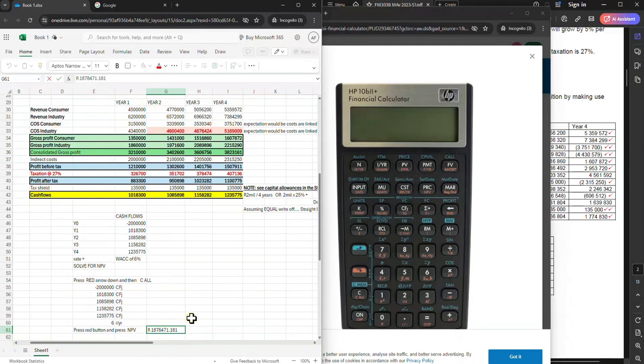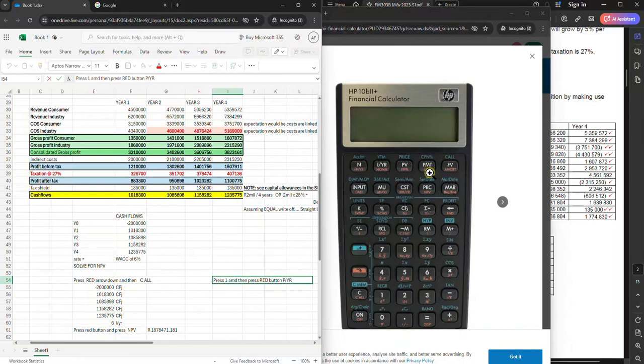No, you should be getting 187,847.181. There, that's it. Get that. One second. Clear all. Mine says 12 P/YR. Oh, that's a problem. So you need to change the P/YR. Press 1 and then press the red button, P/YR. Where's the P/YR? Here's P/YR. You see it?